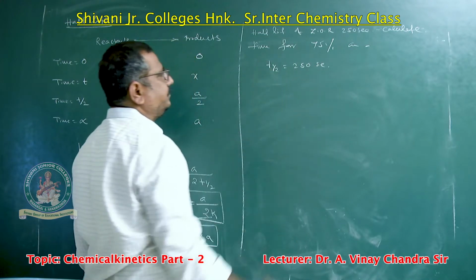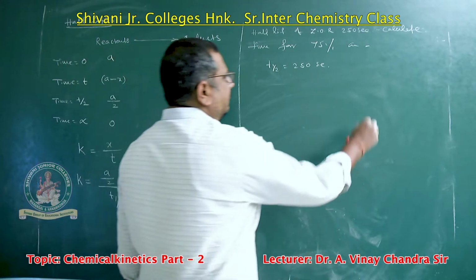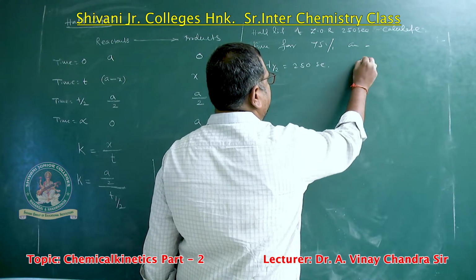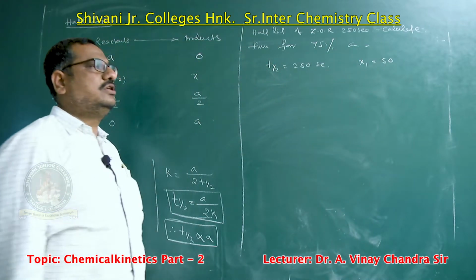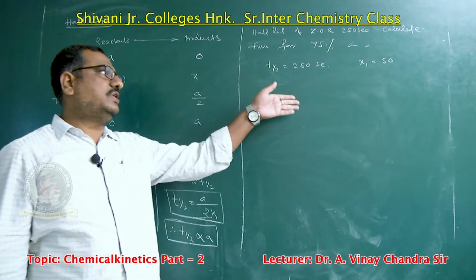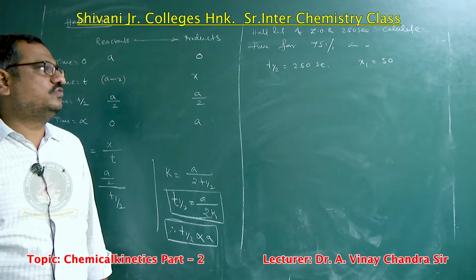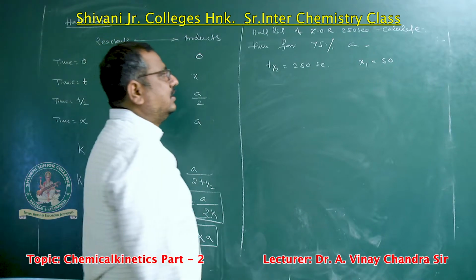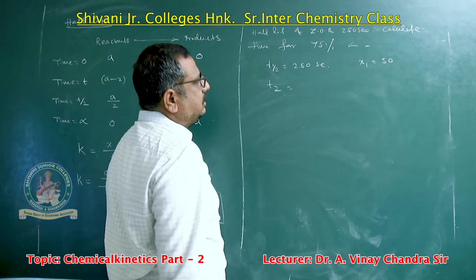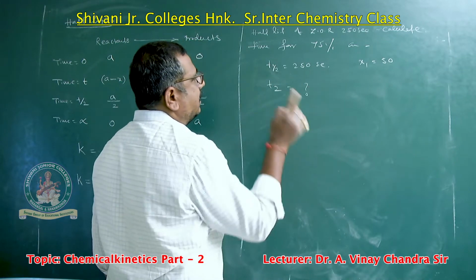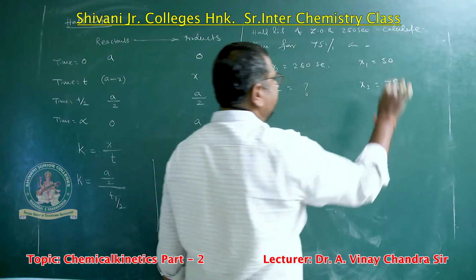When T half is 250 seconds, the concentration x1 is equal to 50, meaning half of the reaction, 50%, is completed. Under this condition, the T half is 250 seconds. What we have to calculate is T2, how much time, and x2, what percentage is completed.